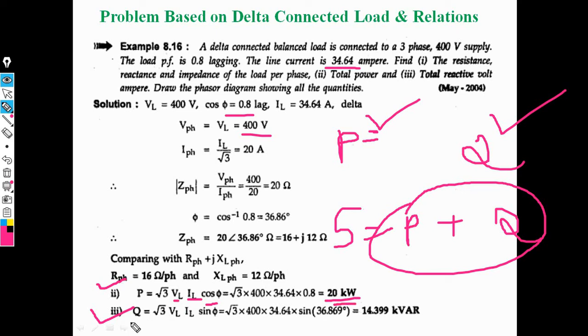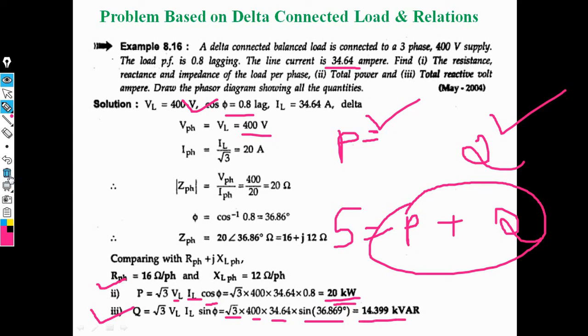Then reactive power Q is equal to root 3 VL IL sin phi. Root 3 as it is, VL and IL as given, and sin phi for power factor 0.8.